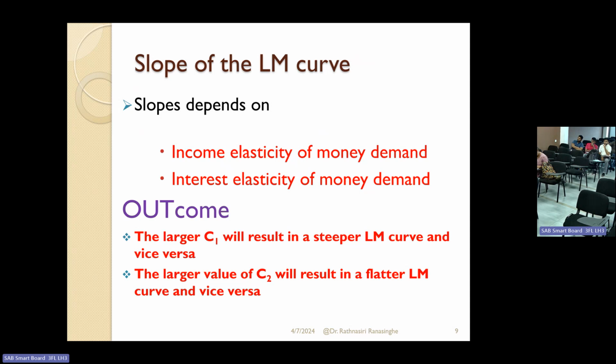If it is low, we have a steeper LM curve. So C1 and C2 are the most crucial factors determining the slope of the LM curve. Slope depends on two. That one we will discuss next day. So simply by looking at this equation, we can explain the factors and the steepness.